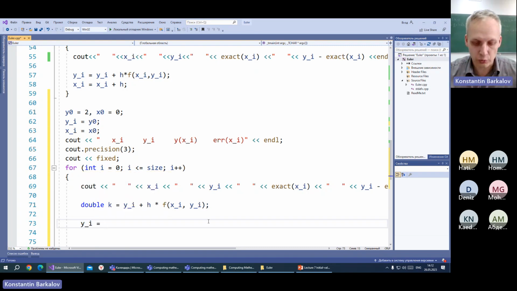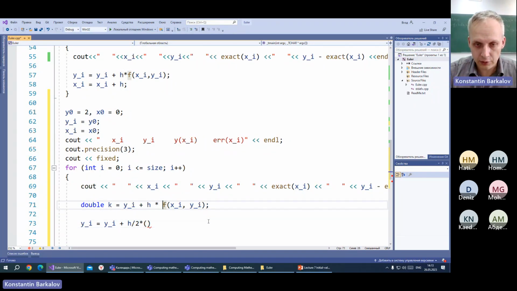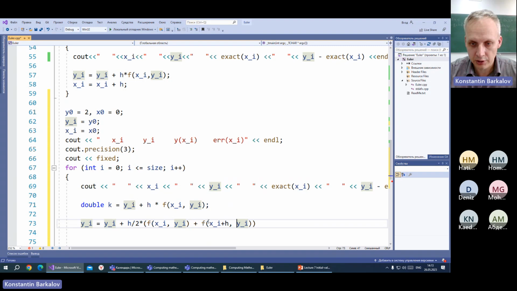We can recompute yi plus h over 2, exactly as I wrote on the board, times the first term f of xi plus the second term f of xi plus h and k.